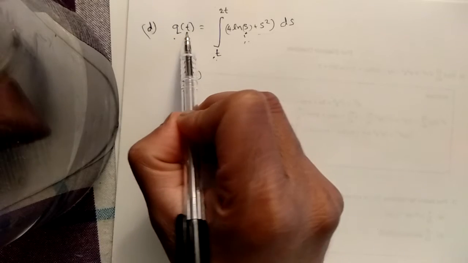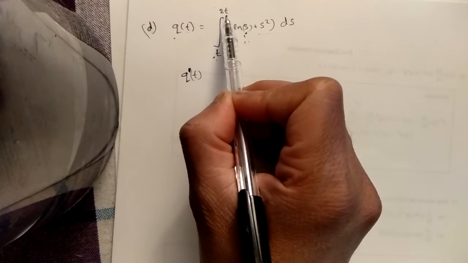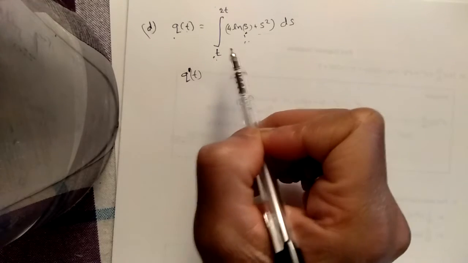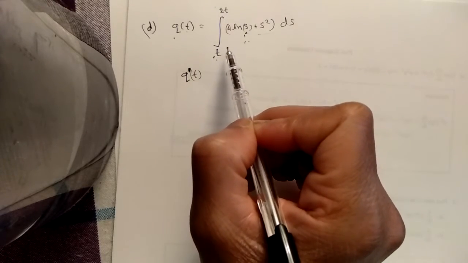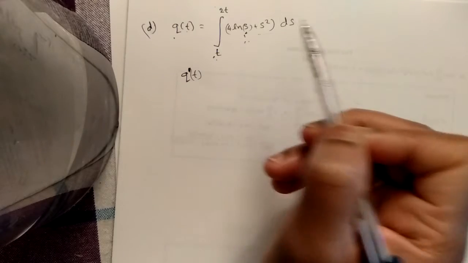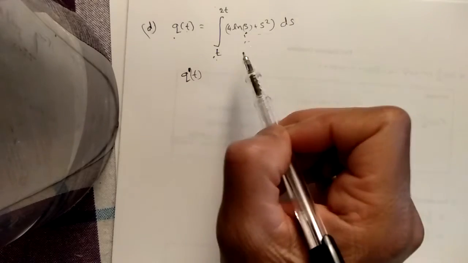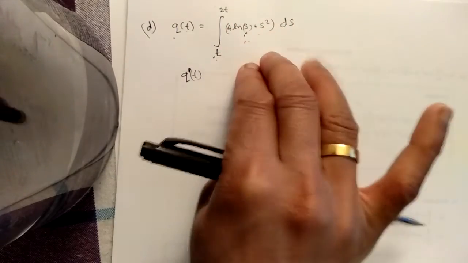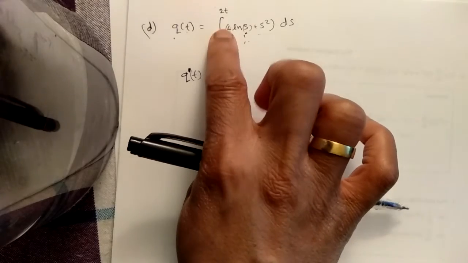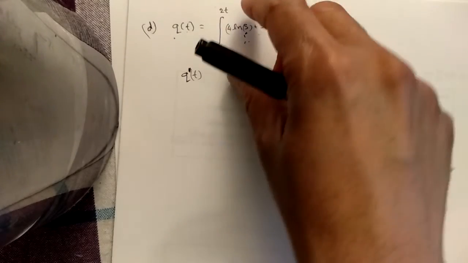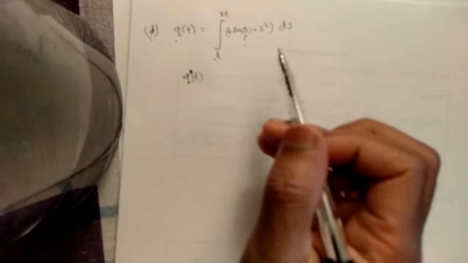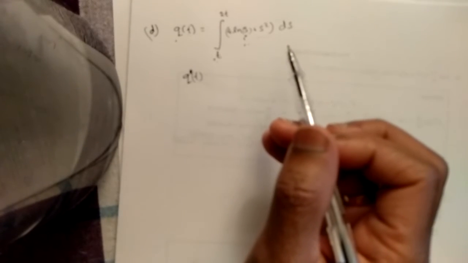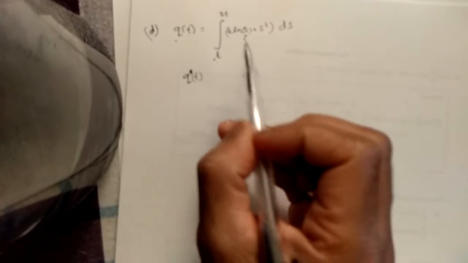Now since this is a function of t, to apply the fundamental theorem you should have t in here, and also you should have a constant in the lower limit, right? So there are two factors that obstruct us to apply the fundamental theorem, right? So we should get rid of these two things as well to apply the fundamental theorem, right?